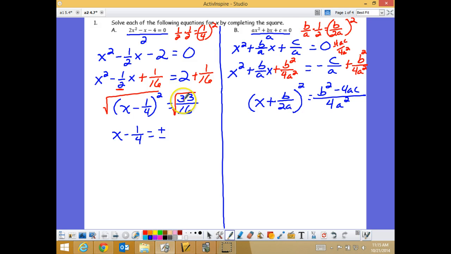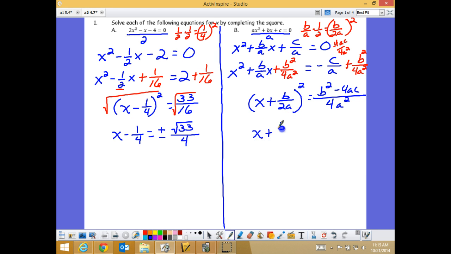Take the square root of the top individually. Well, that doesn't come out even, and it can be simplified. And we take the square root of the denominator individually, which is 4. So we're going to do the same thing over here.